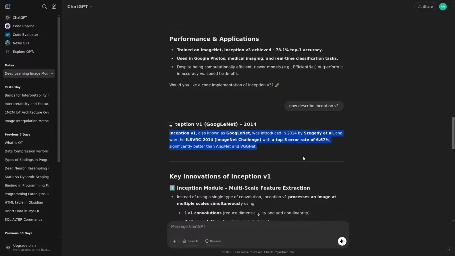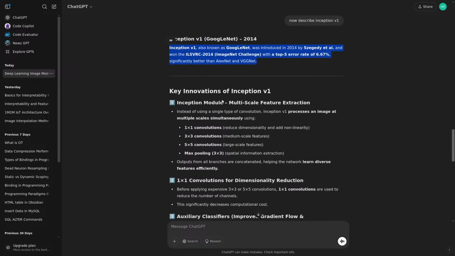Okay. Inception module. They use multiple scales. One by one convolution reduces dimensionality and adds non-linearity. 3 by 3 convolution for medium scale features, 5 by 5 for large scale features, max pooling for spatial information extraction.